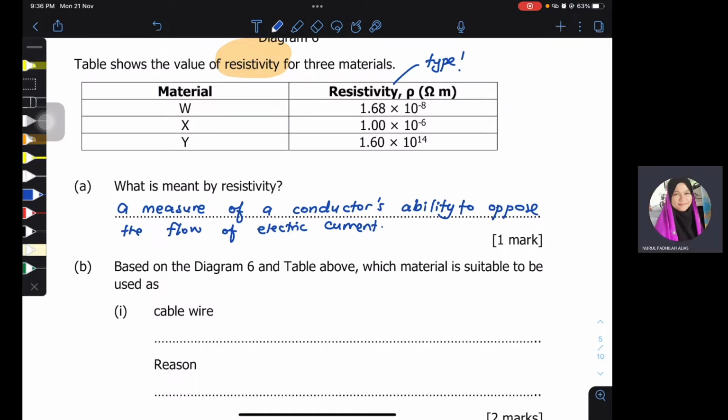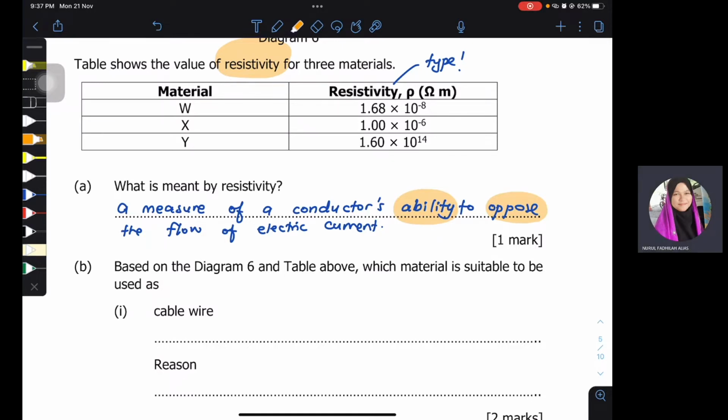Okay, so it's the ability. Ability to oppose. Dia macam rintangan lah. Rintangan tu apa? Oppose something. Current nak flow tapi dia oppose kan. Dia tak bagi. Dia halang. Dia resist. Dia ada resistance. Dia ada resistor tu. So dia oppose against the flow of electric current.